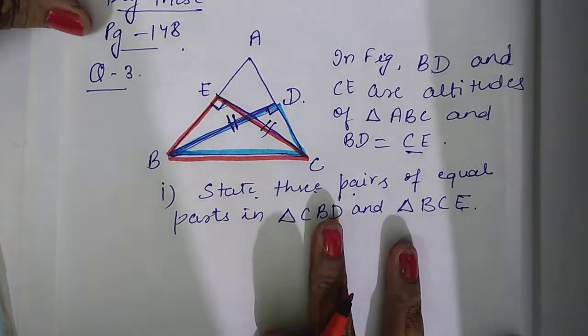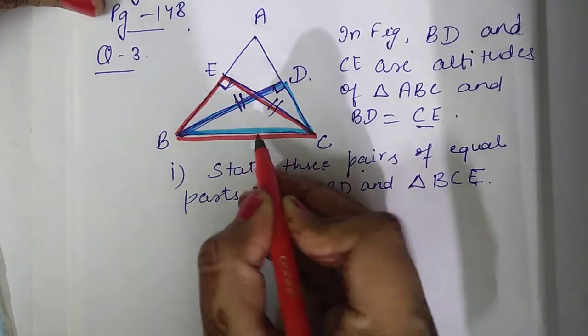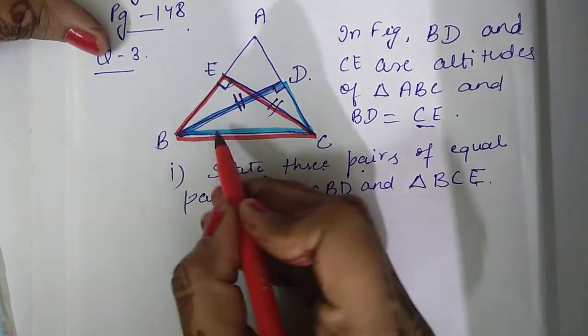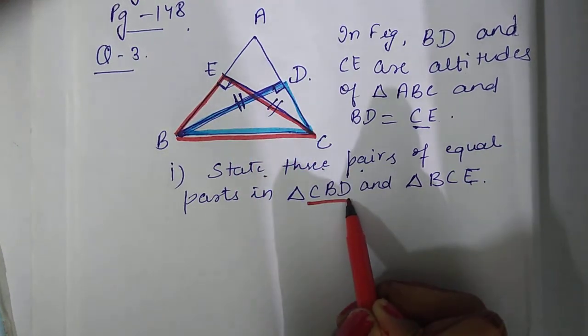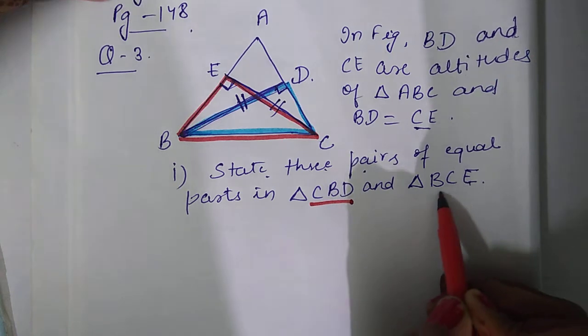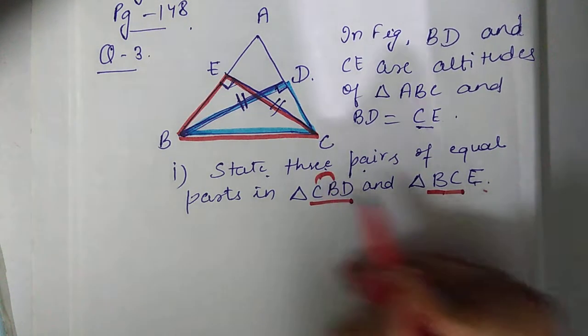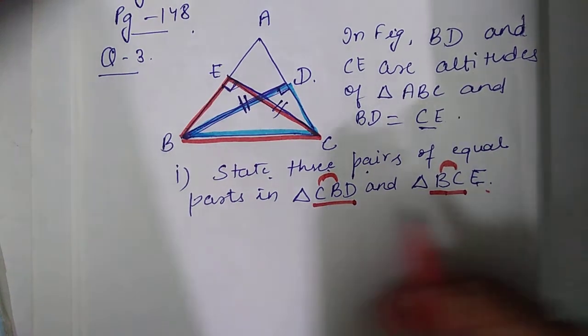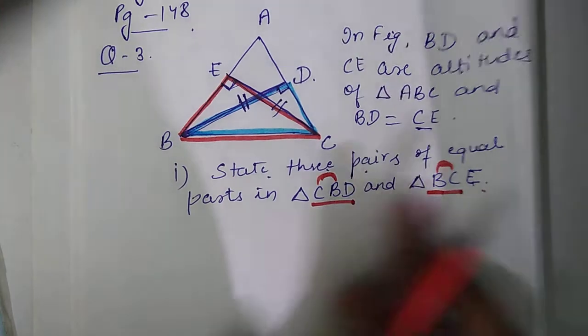We have to prove three equal parts. As we can see, BC is common in both. BC is coming in triangle CBD, and BC is also coming in triangle BCE. You can check the name also, BC and BC, they both are equal, so this is common. So first part we observe.